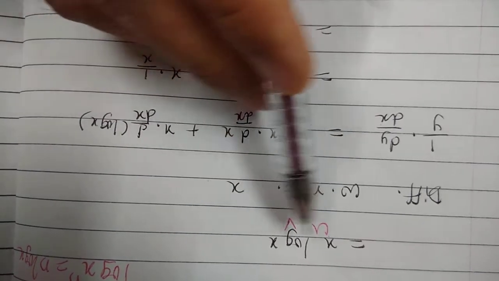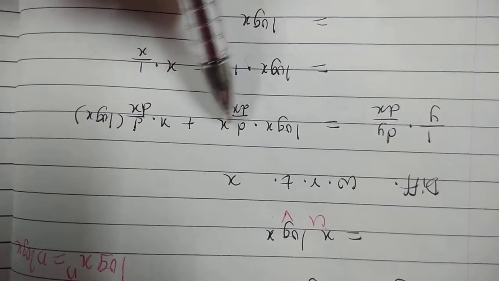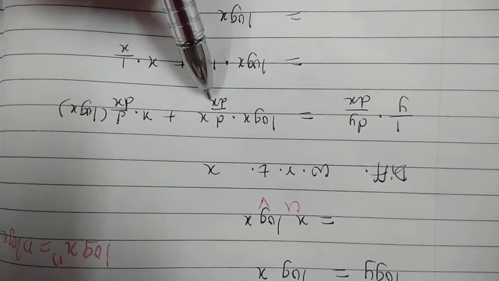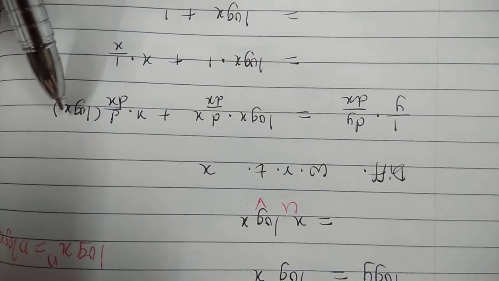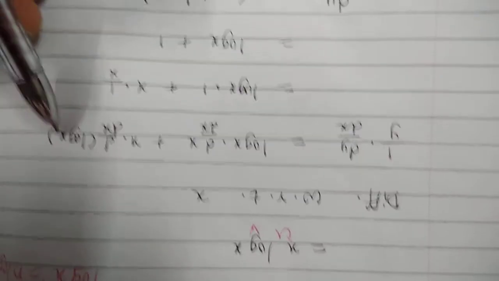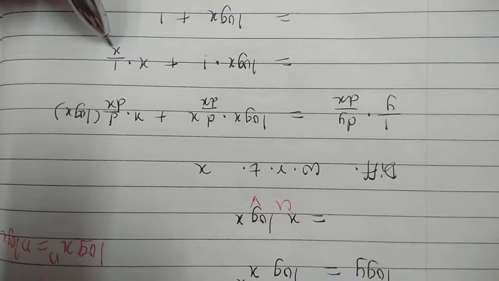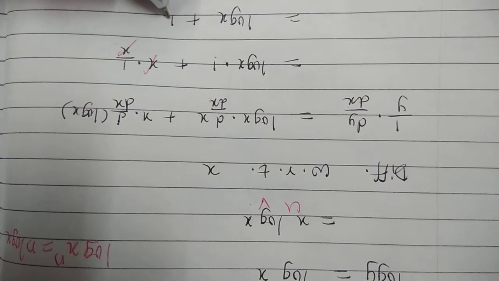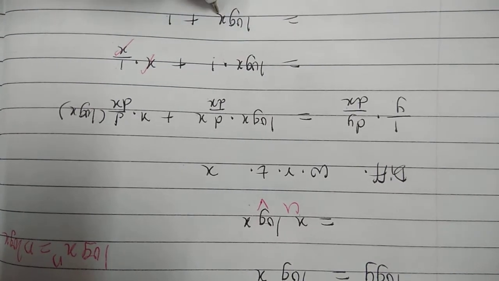Our u is x and v is log x. So log x multiplied by the derivative of u, that is x, plus x multiplied by the derivative of v, that is log x. The derivative of x is 1, the derivative of log x is 1 upon x. So x can be cancelled here, so it will be only 1, and log x into 1 is log x.